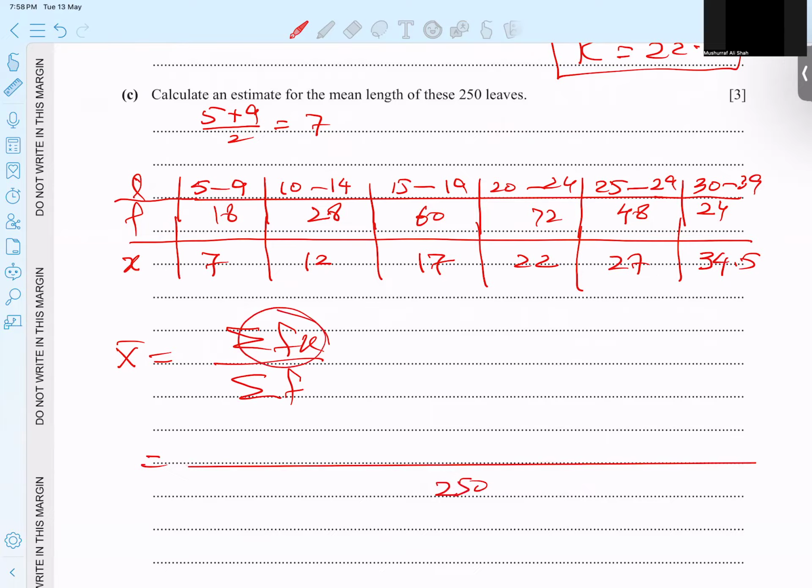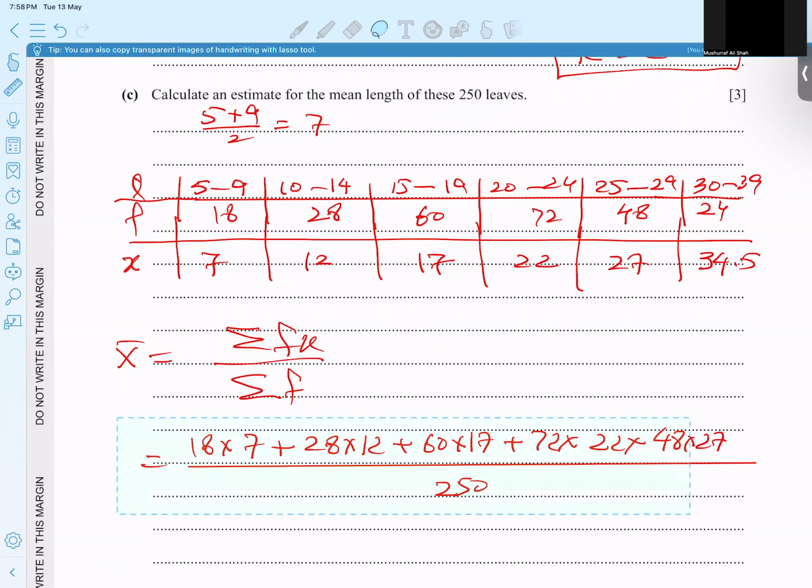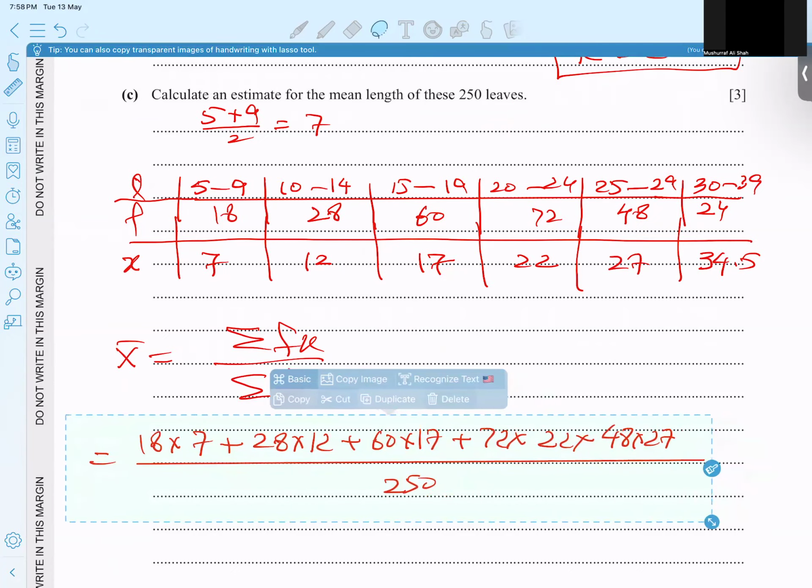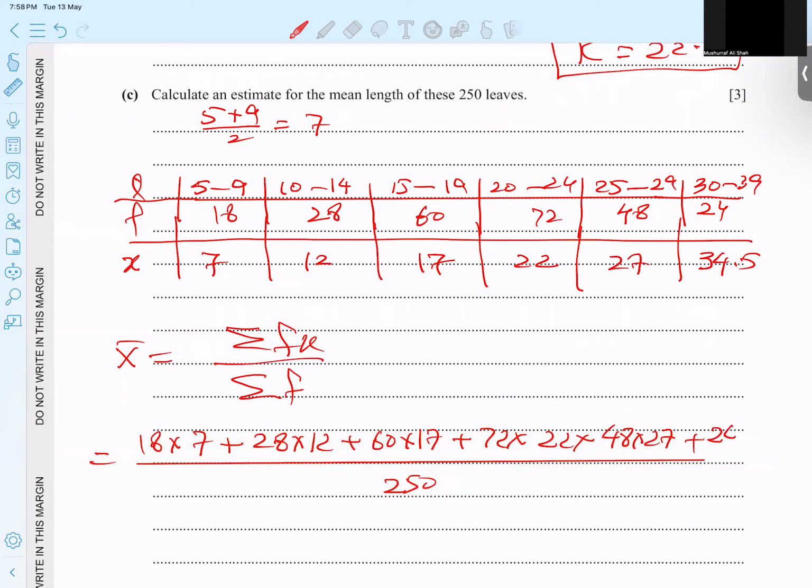But how to find this one? So sigma fx: multiply, multiply, multiply, add them all. So I'm writing 18 times 7 plus 28 times 12, 60 times 17, 72 times 22, 48 times 27, and the last number, which I'm going to write now here, is 24 times 34.5.